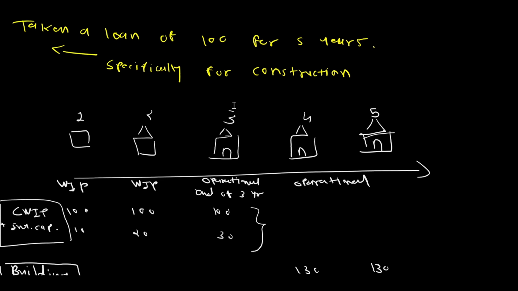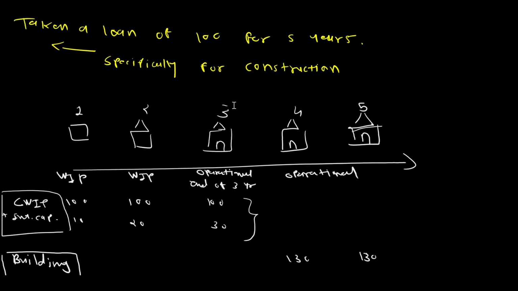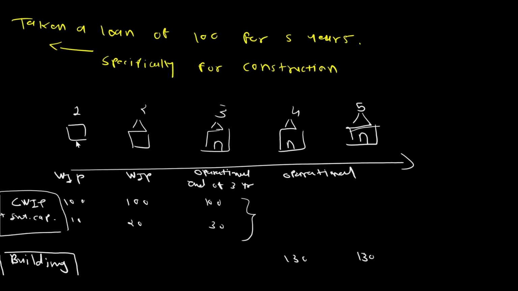So how will I account for this? I have taken a loan of 100 and then started constructing a building. So in the first year, my building is in work in progress.